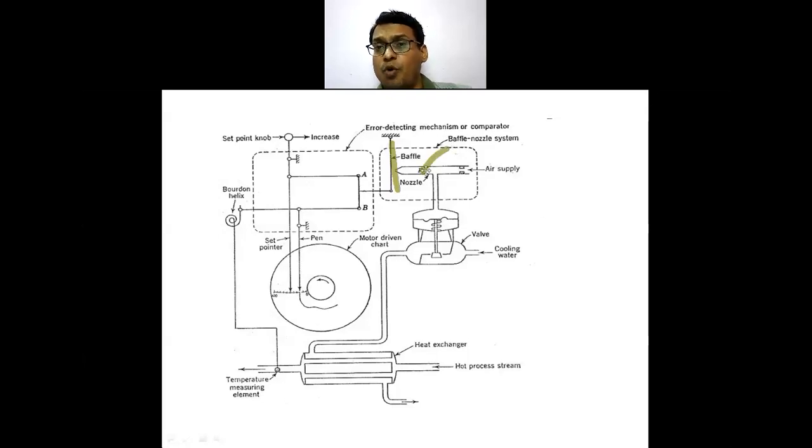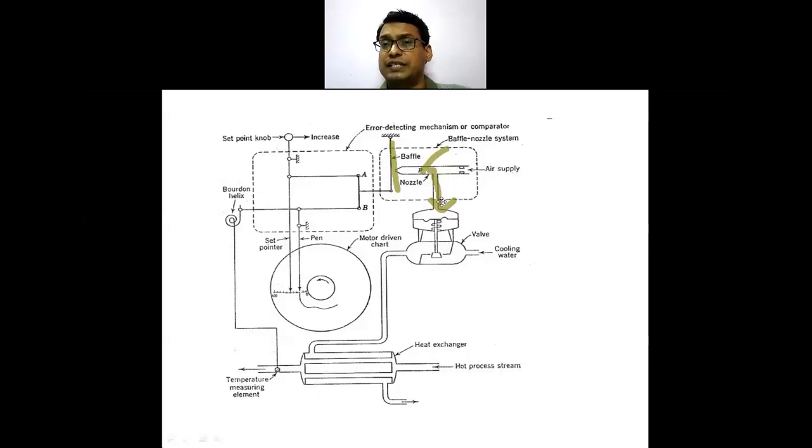Pressure will be developed more, and this higher pressure will be sent towards the control valve, and this control valve is operated with this pressure. All control valves are operated on pressure, air pressure. Mostly it is air that is used. Sometimes hydraulic fluid is also used, depending on the pressure requirements.